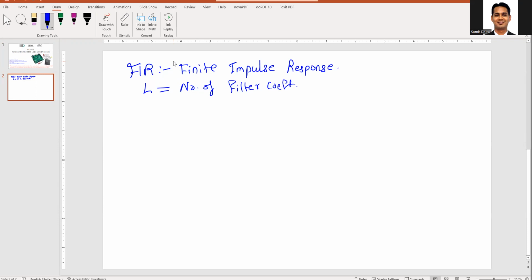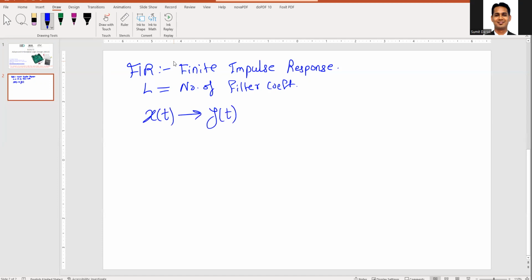Now, in the case of the FIR filter, ideally you receive the input sample by sample and you produce the output sample by sample. So for every input sample, you produce one output sample. Assuming that right now the input sample is x of t, for the x of t you will provide the output sample y of t.